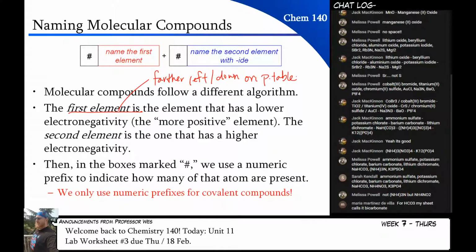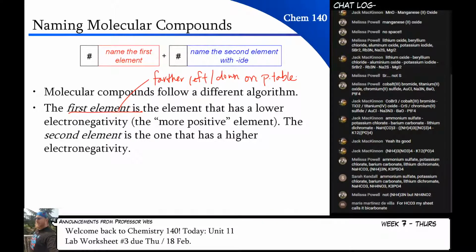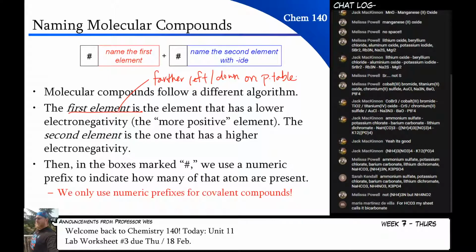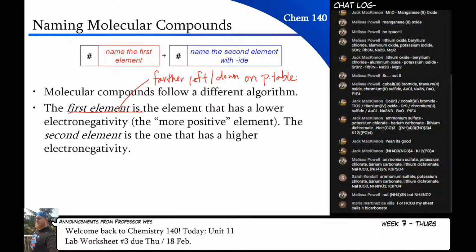Now, generally speaking, I'm going to indicate that for you. I'm not going to give you a compound and say, what's the correct way to name this? Unless I have that example in the next page. I don't. Okay. I think I do that in 161. So the element that's going to be listed first is going to be the one that seems more like a metal.